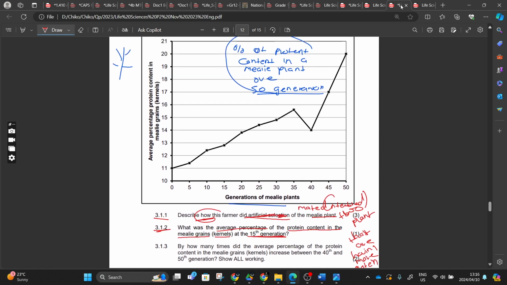So here they want us to go to the 15th generation. Where's the 15th generation? We go here and check. As you can see, it's between 12 and 15, so the center here will be 12.5.